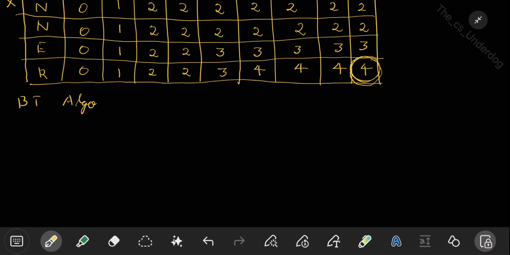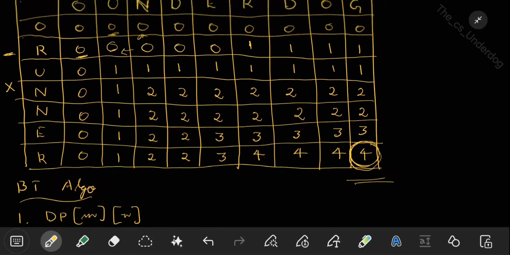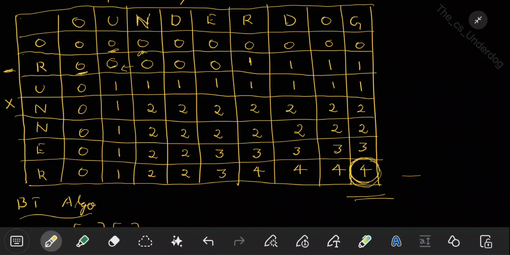In order to backtrack, you should start from the last block, that is dp of m n, whichever is the last block. This is where you should start from. Then what should be your first step? Your first step should be if the letters match, that is if x i minus 1 and y j minus 1 both the letters are matching, in that case, you know you took the diagonal element and added 1 to it.